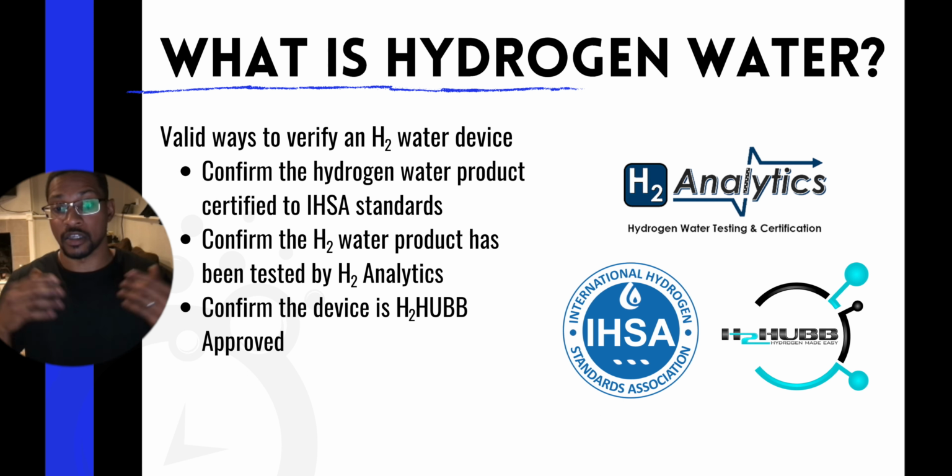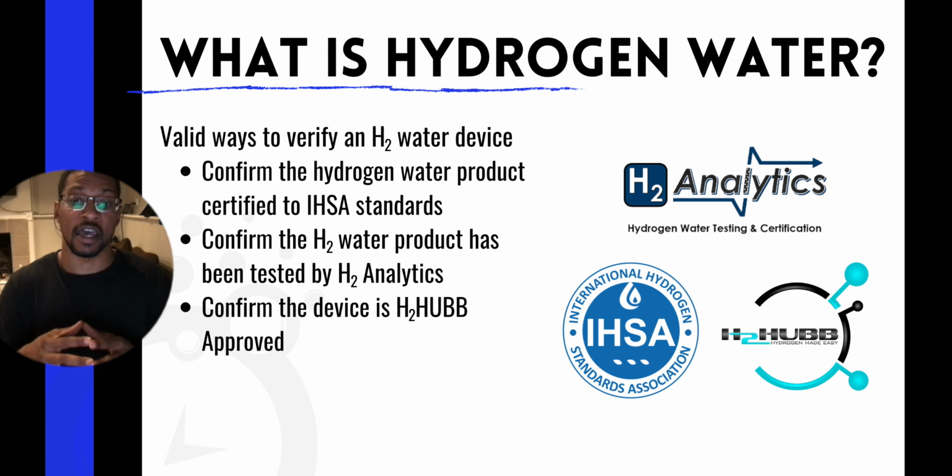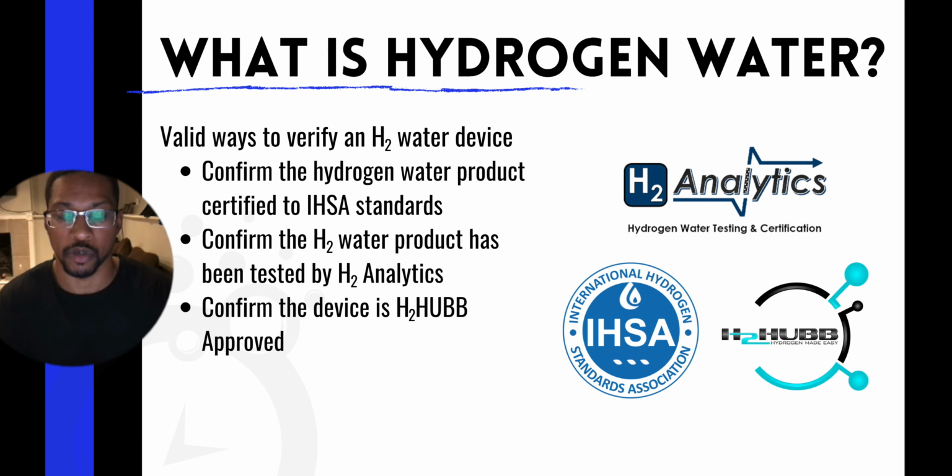So if you see a product that has the IHSA seal, then you know that product at least provides 0.5 milligrams per liter, and so you know you're going to get the minimum amount of hydrogen to induce a therapeutic effect.